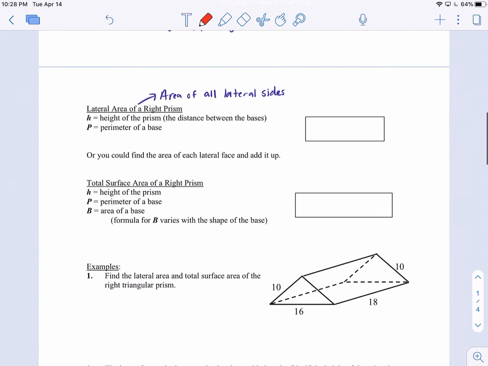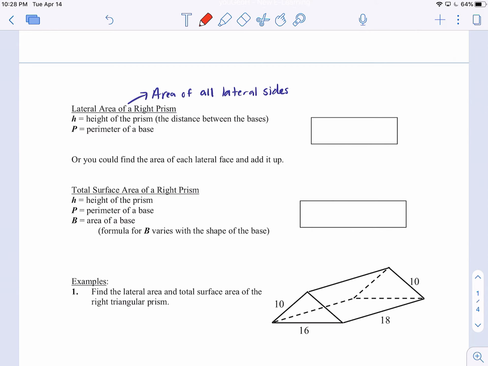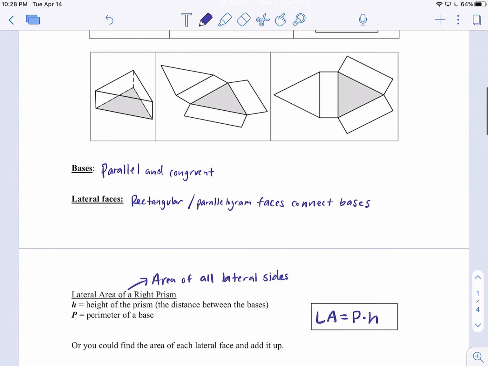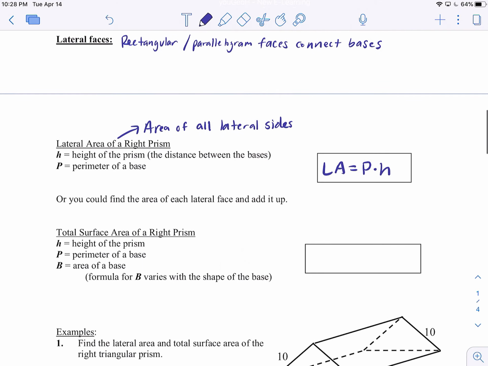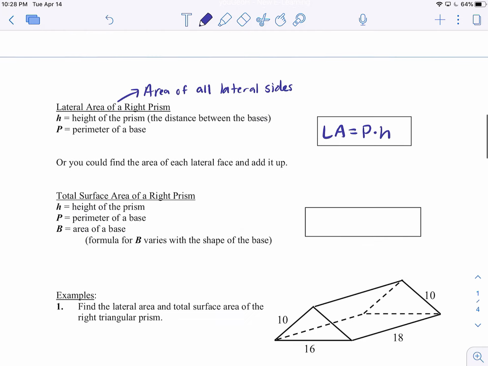And so for this formula here, the lateral area of any right prism actually boils down pretty nicely: the lateral area, which we call capital LA, ends up being the perimeter of a base, so the perimeter of whatever polygon is our base, times the height of our prism, which is the distance between our bases. If this feels confusing to you, you also can individually find the area of each rectangle and then add up those areas. But this perimeter times height formula is a great time saver because that's essentially what you end up doing when you find the area of each individually.